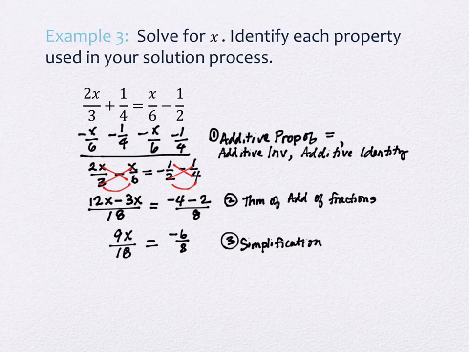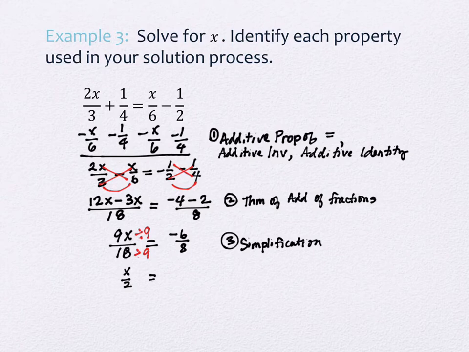Okay, but hopefully when you saw 9 over 18 and 6 over 8, you thought to yourself, the numbers are bigger than they need to be individually. I can reduce those fractions. So what could I divide the 9x over 18, each of those pieces, by to simplify? I can divide them both by 9. So that would actually become x over 2.